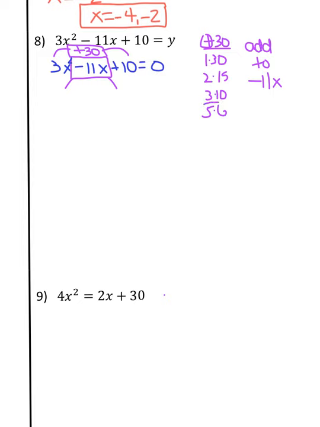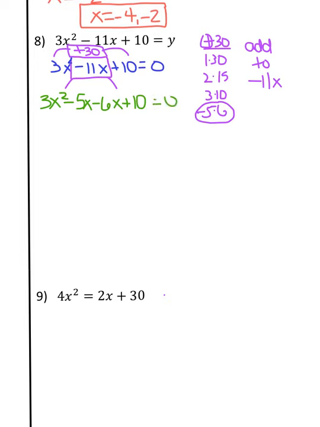So 5 plus 6 down here is a negative, so it's a negative 5 and a negative 6. So we got 3x squared minus 5x minus 6x plus 10.